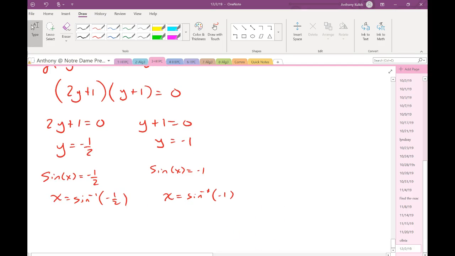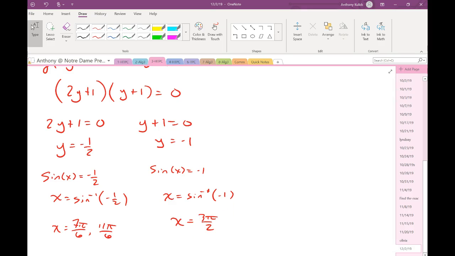If I go to the unit circle, sine is equal to negative 1/2 at 7 pi over 6, and then again at 11 pi over 6. And sine is equal to negative 1 at exactly one place, 3 pi over 2.